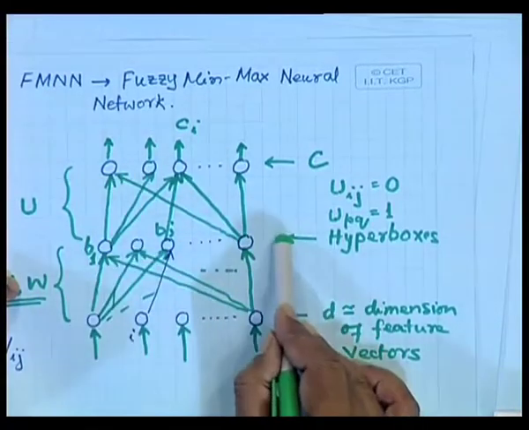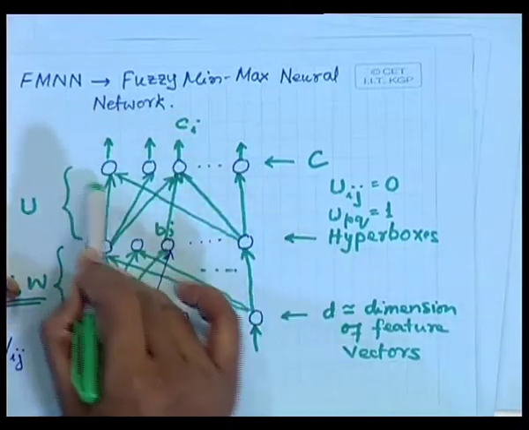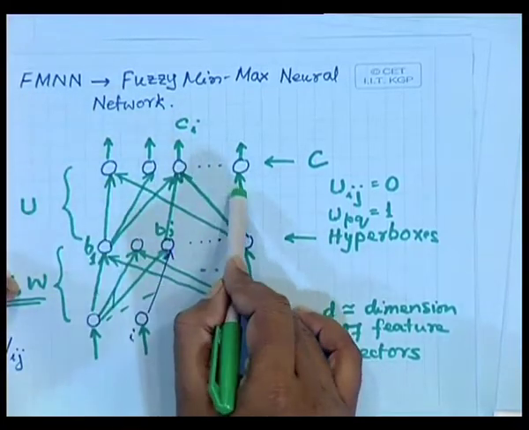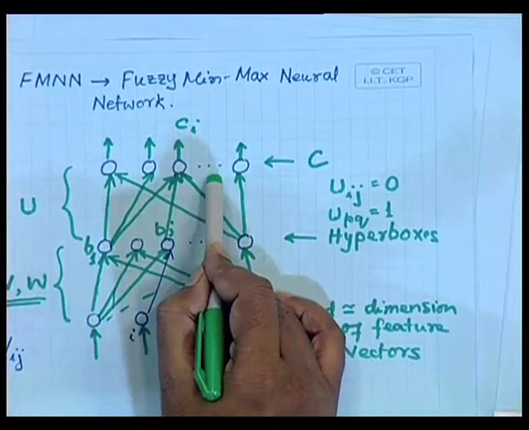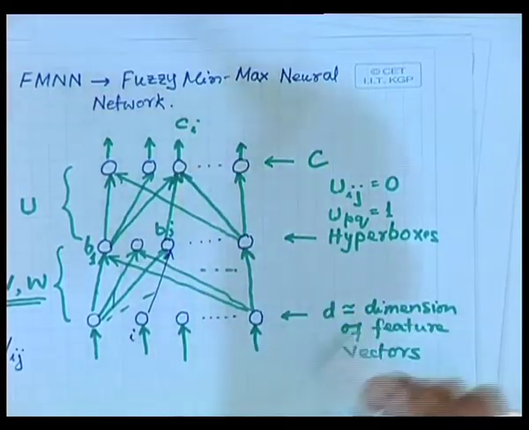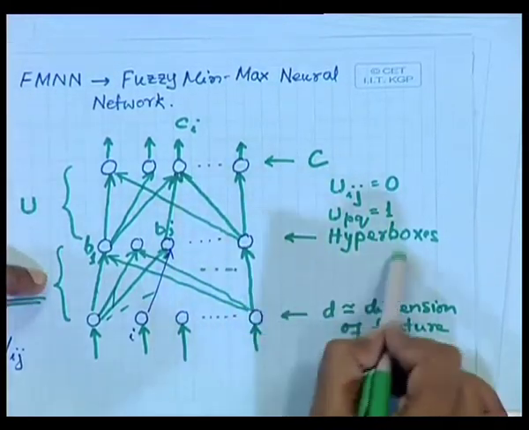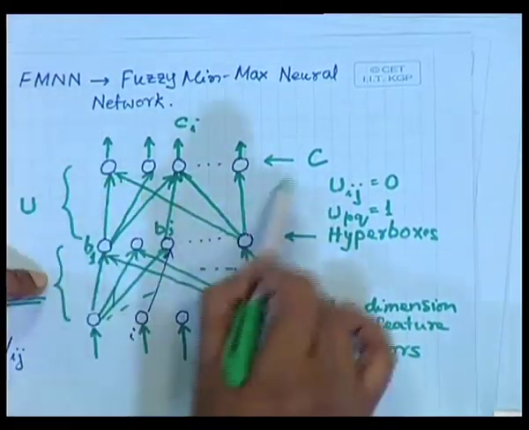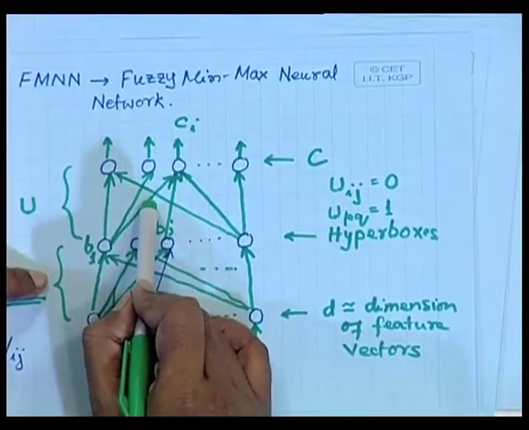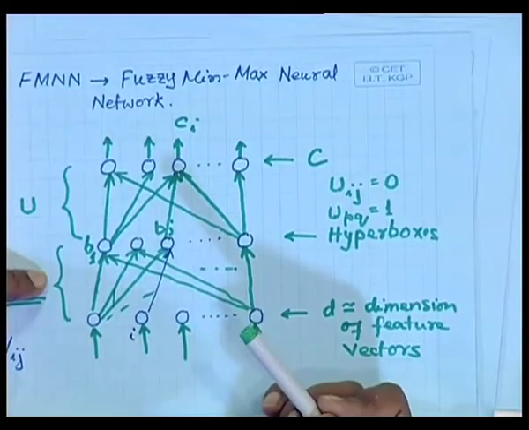So, I will have a set of compensatory neurons. These nodes are actually computing the membership value to a particular class. Whenever a sample falls within the overlapped region or within the content region, these compensatory neurons will modify these values and the modified value will be taken as the membership function to different classes.